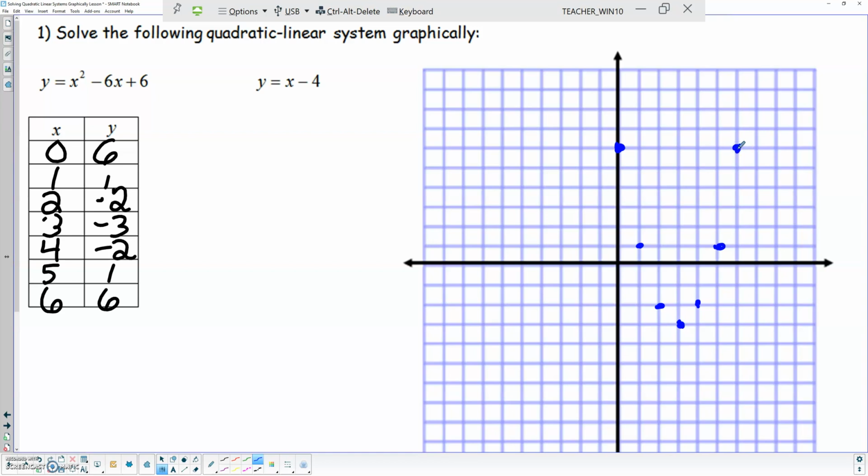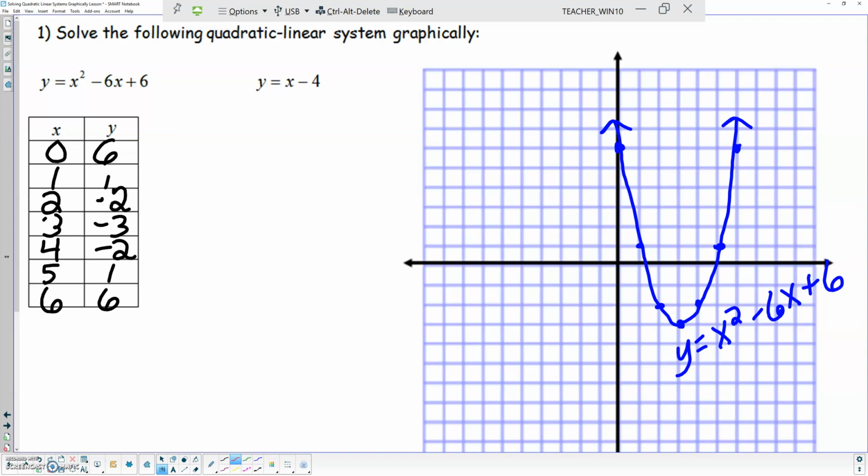When I go to connect these points, I'm going to use arrows because they didn't give us a specified interval. And especially because we're graphing two equations, you definitely want to make sure you label. Okay, so there's our parabola.